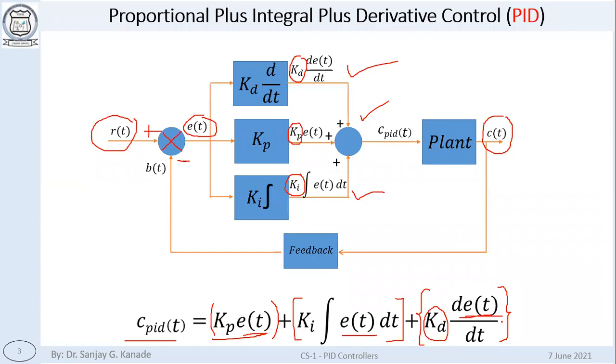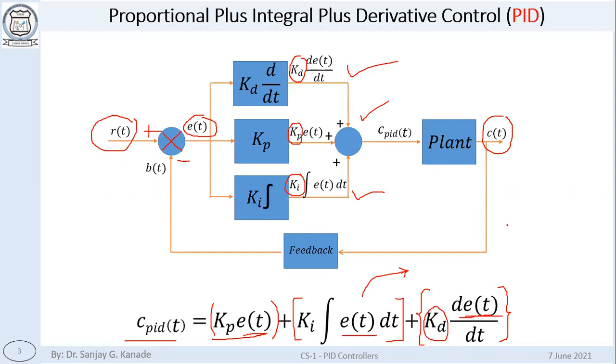Okay. In some books, you can find a rephrased version of the integral controller also. See, the output is proportional to the integration of error. Or can I say the rate of change of output is proportional to the error?